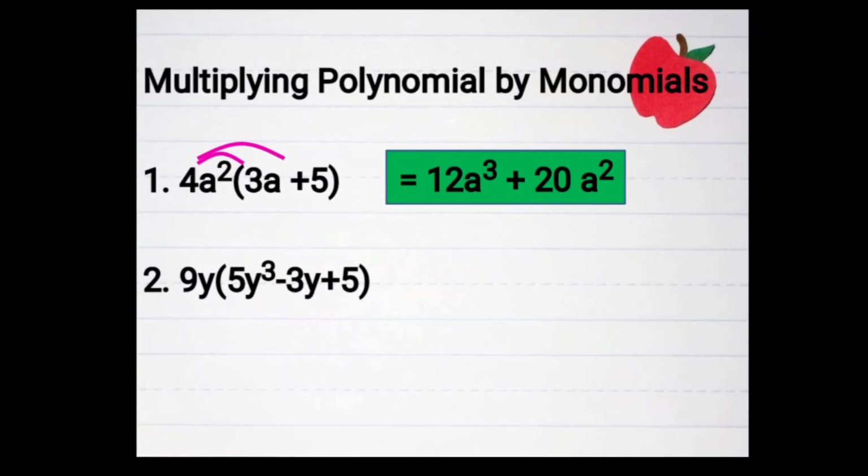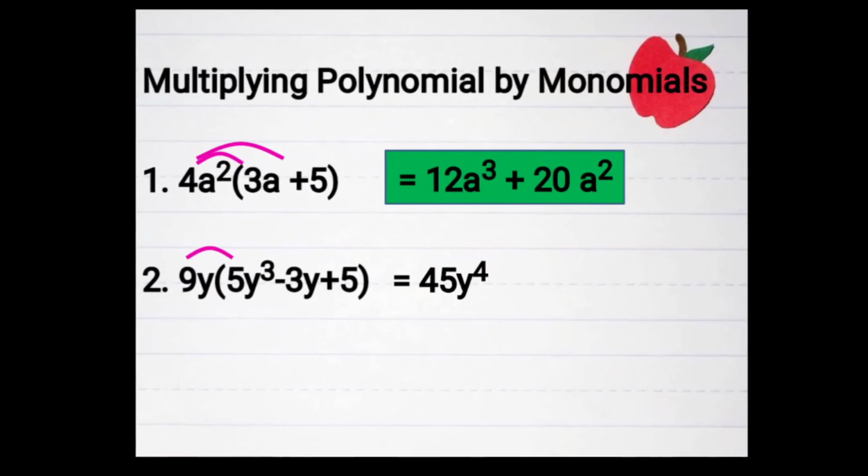So distributive property means multiplication. First, let's have 9y times 5y cubed. So 9 times 5 is 45. Then y times y cubed, you have to add the exponent. 1 plus 3 is 4. That's why we have 45y to the fourth power.